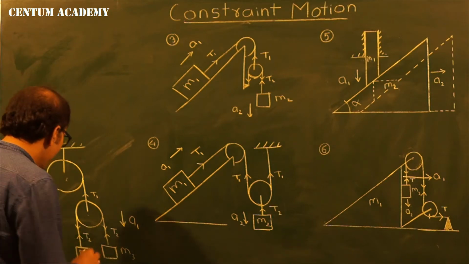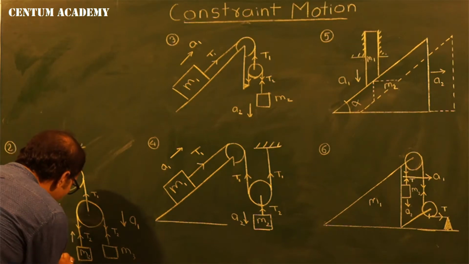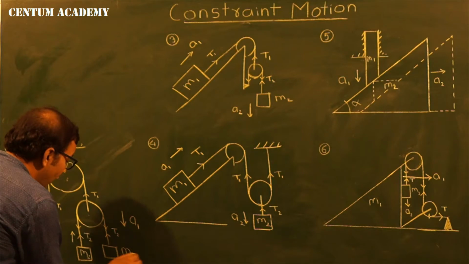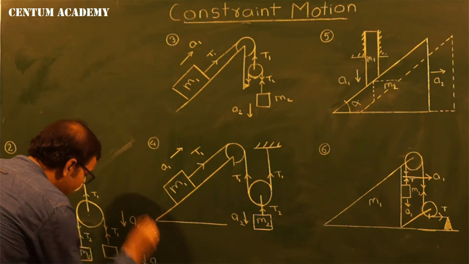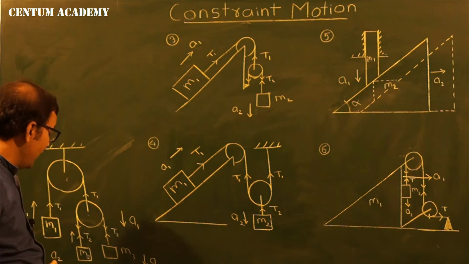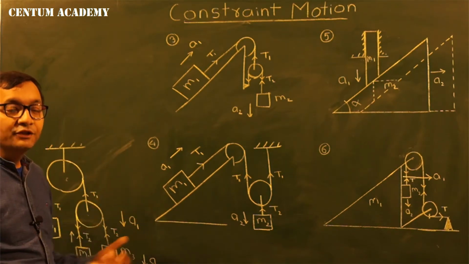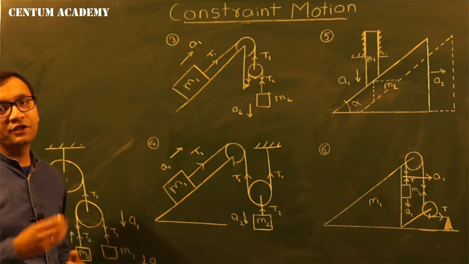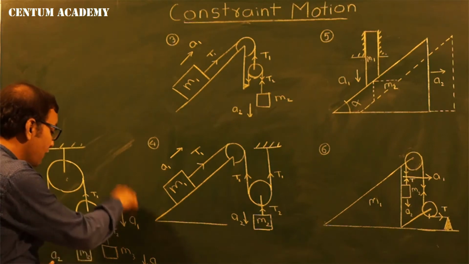Fine. So if the relative acceleration for M2 is A2, for M3 it will automatically be A2 down. Now this A2 is the relative acceleration with respect to the pulley. Its total acceleration will be the relative acceleration plus the acceleration of the pulley.